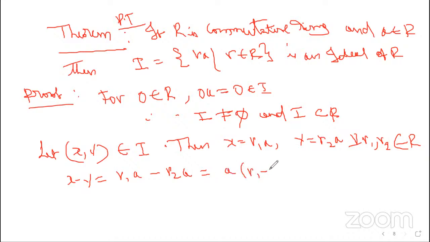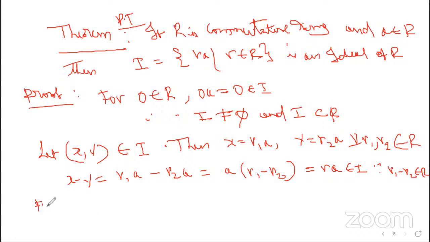That is (r1 minus r2) a, which can be replaced by ra, and belongs to I, since r1 minus r2 belongs to R.